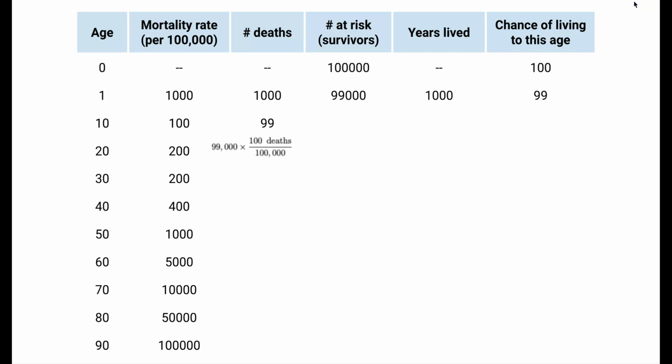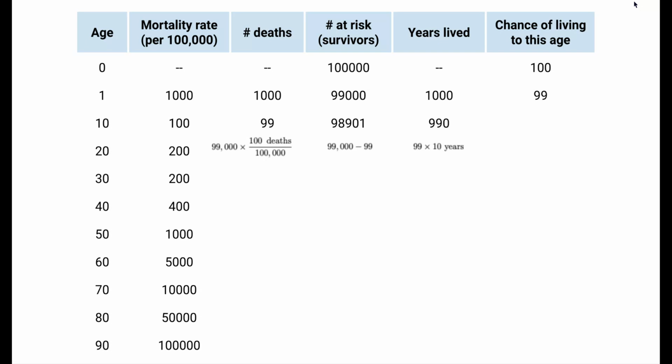Let's do one more row. We move ahead 9 more years to age 10. The mortality rate for this age group is 100 per 100,000 population. So among the 99,000 survivors, there are 99 deaths. These 99 deaths decrease the surviving population from 99,000 to 98,901.